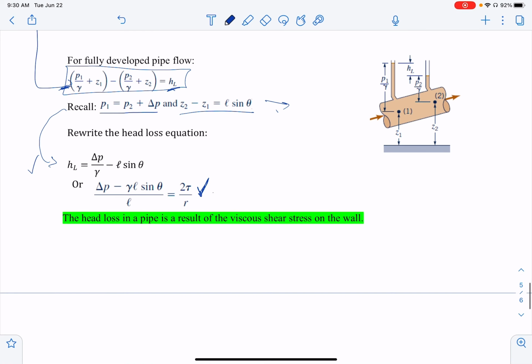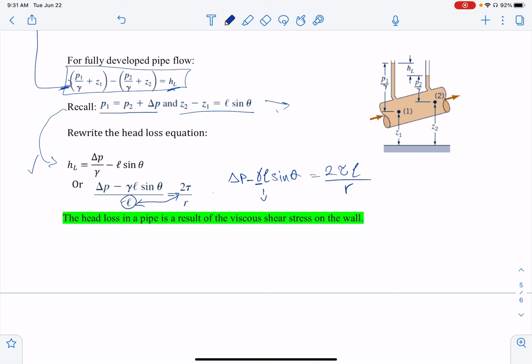Let me simplify this part a little bit for you. Let's do cross multiplication, so we have delta P minus gamma times L times sine theta equal to 2 tau L over R. From here I'm going to factorize gamma.